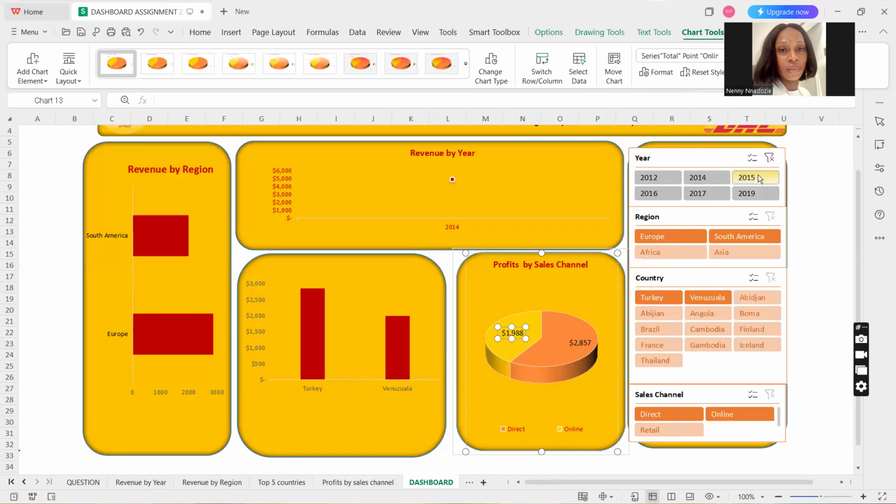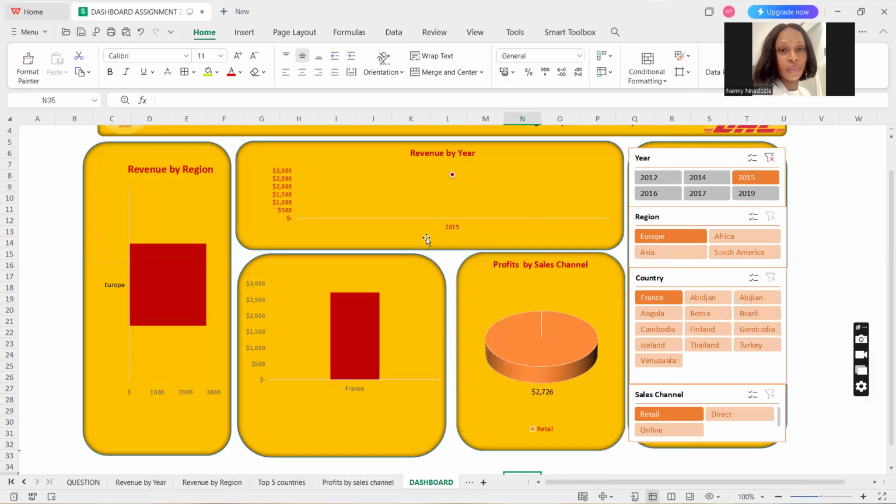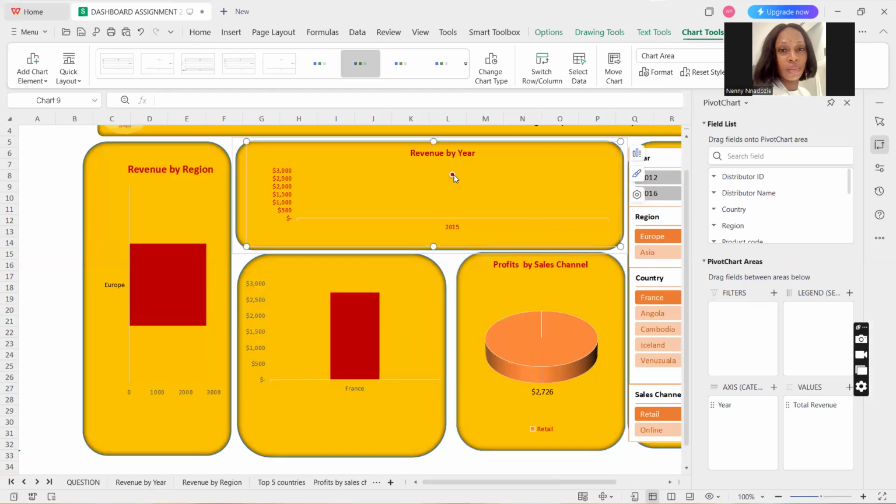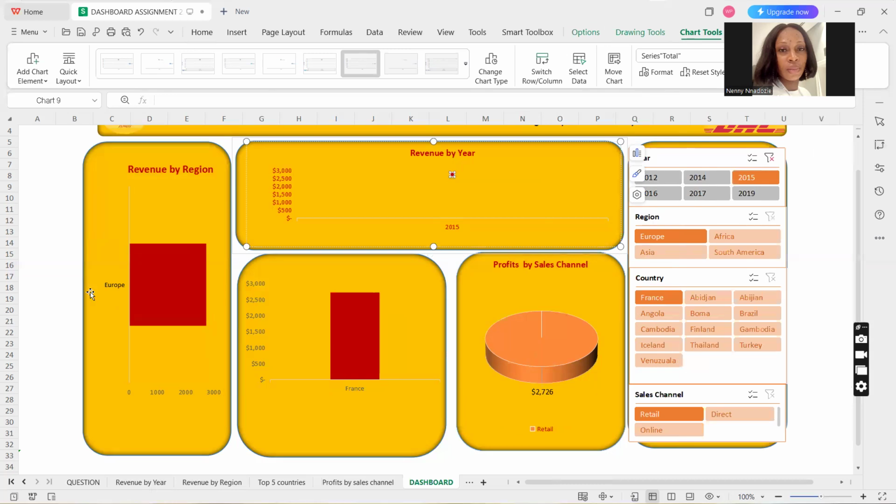Then in 2015, let's go check 2015. The profit made in 2015 is $2,726. Then only Europe. Wow, that's not so nice. Only Europe made profit in 2015. That means the year was bad for other regions.